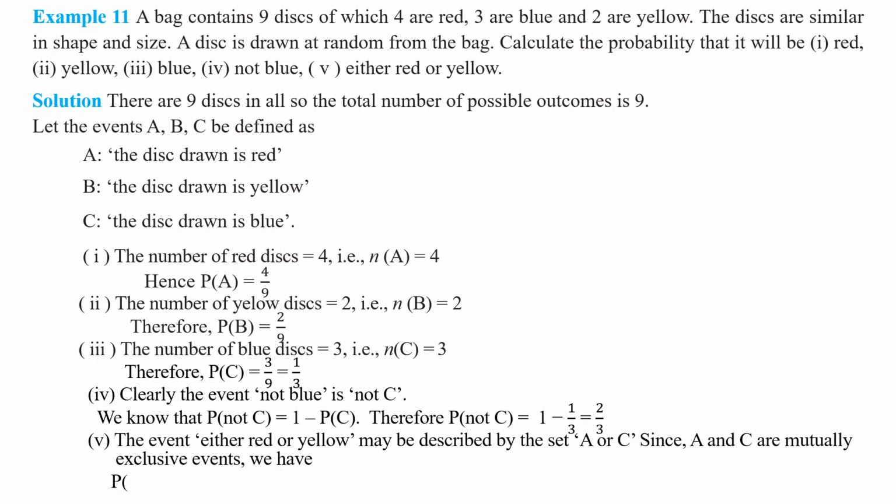So we have P of A union C, P of A or C, is equal to P of A plus P of C. We have already found P of A and P of C. Let us substitute the values: 4 by 9 plus 1 by 3. By simplifying, we get 7 by 9. Understood this example, my children?